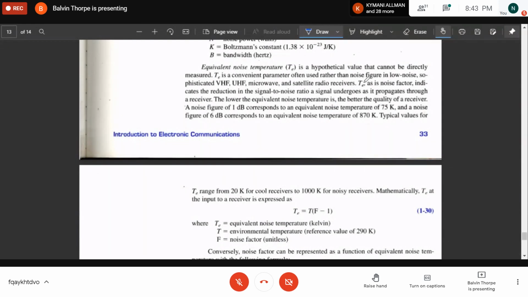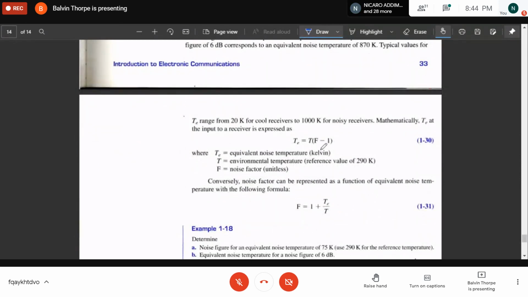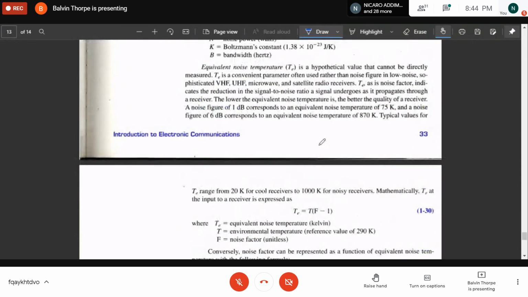The equivalent noise temperature can be measured as a noise factor component. So long and short is, how do we use the equivalent noise temperature of an amplifier?